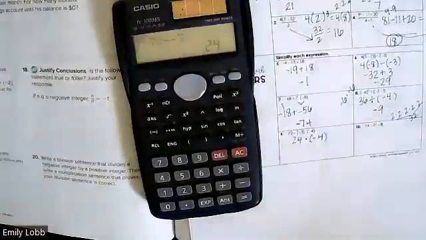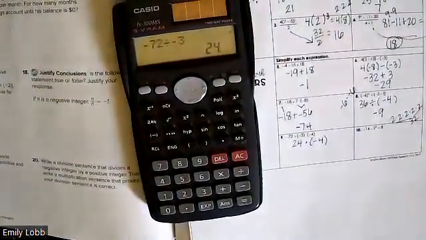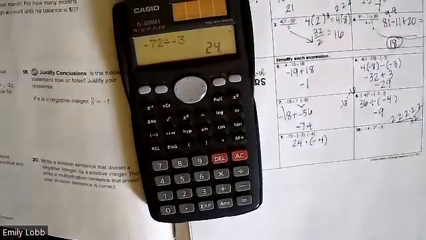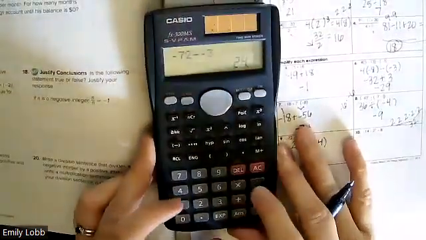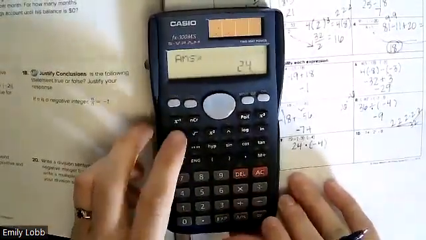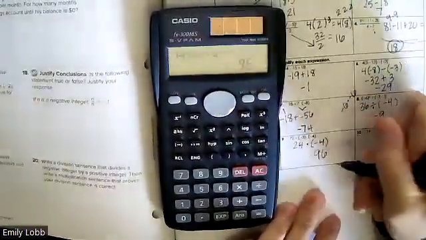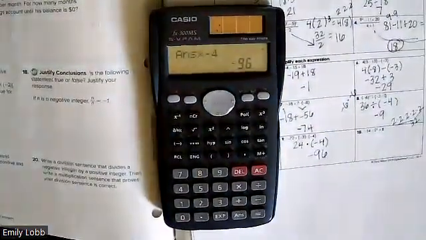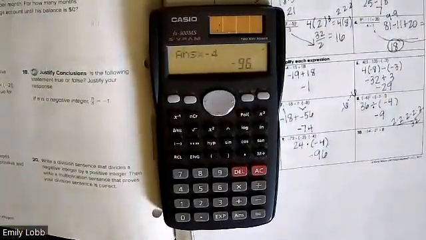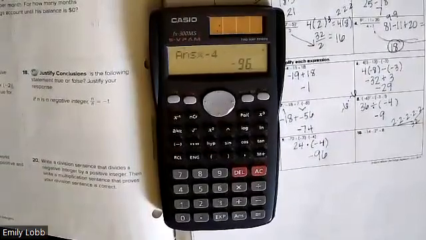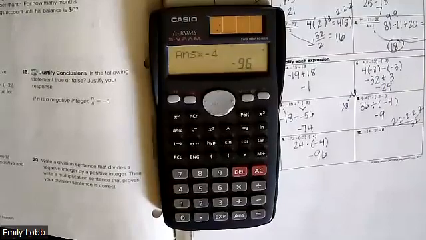A lot of you multiplied first, but what were we supposed to do first? Divide, because we have to go from left to right. So we did find that it mattered. So this times negative 4 is equal to negative 96. Did anybody get negative 96? You did? Awesome. You went left to right. Good job. Beautiful. You just put it in your calculator, that'll work.